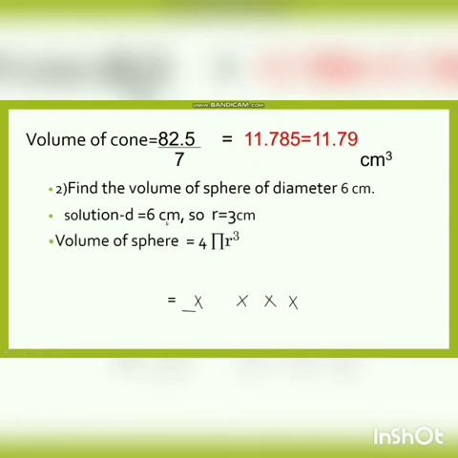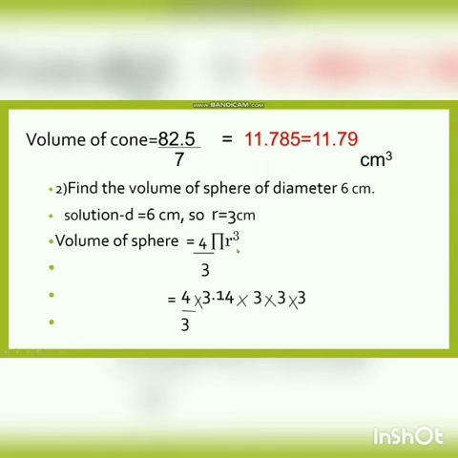Now I apply the formula of volume of sphere. Volume of sphere is equal to 4 upon 3 into pi into r cube.